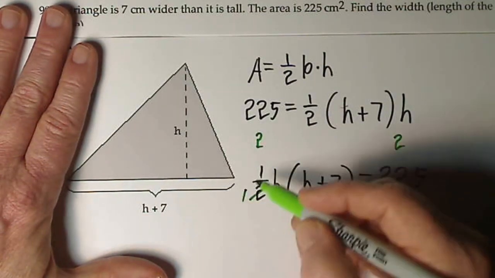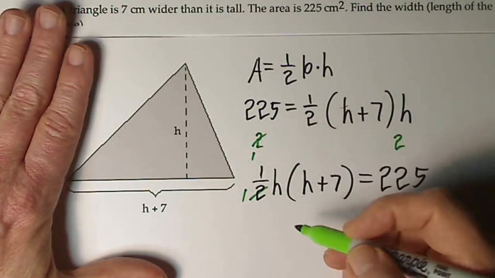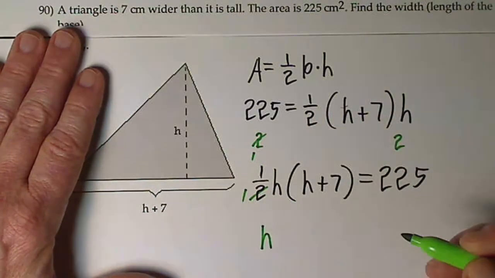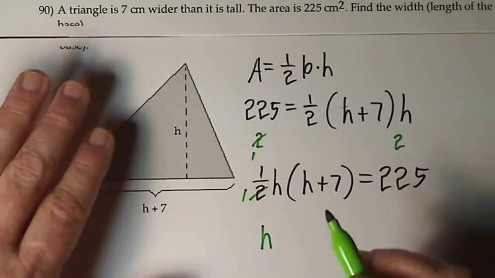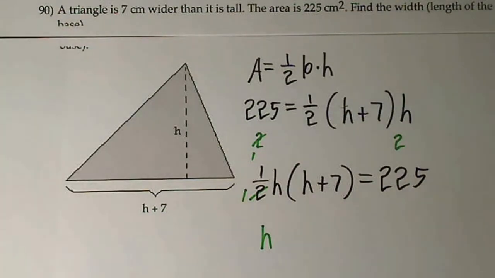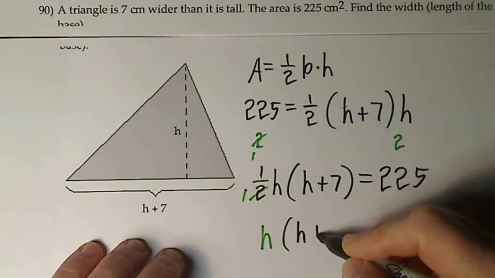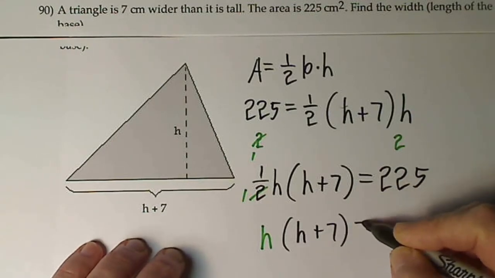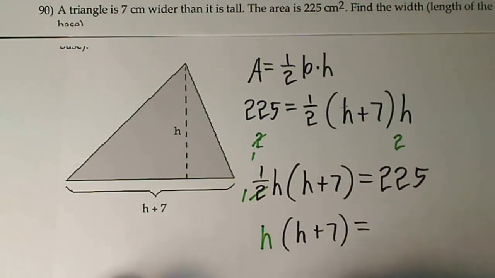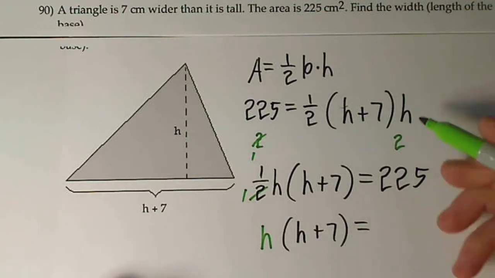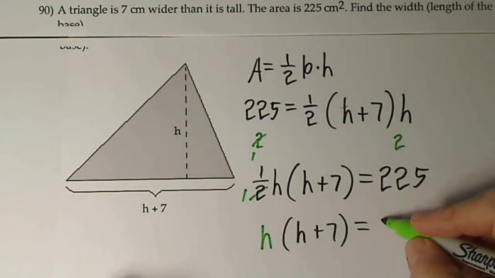And 2 goes into 2 once, so all I'm left with is h, and then what's in parentheses, h plus 7. Equals, and then 2 times 225, that'll be 450.